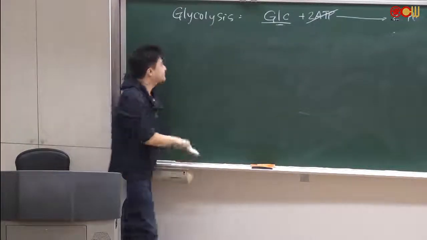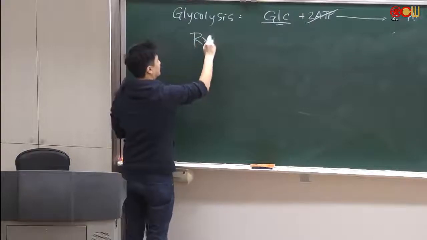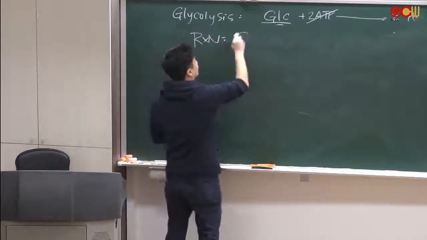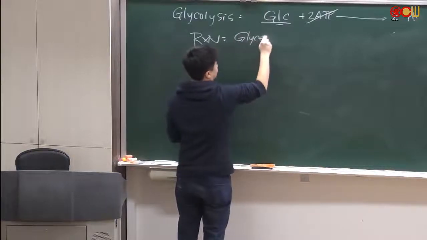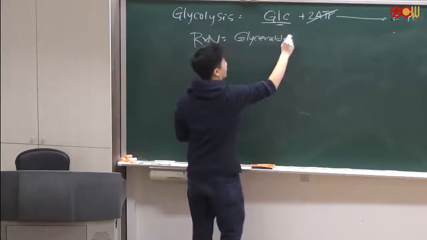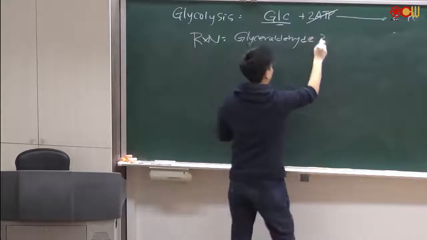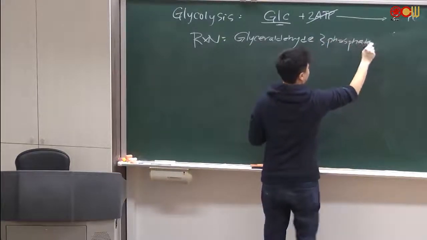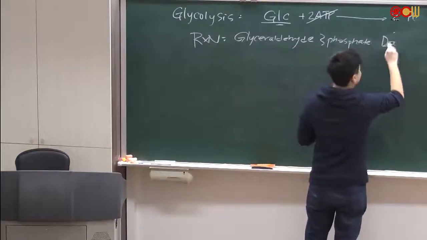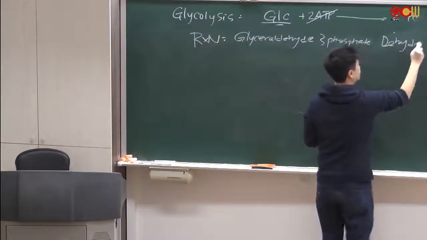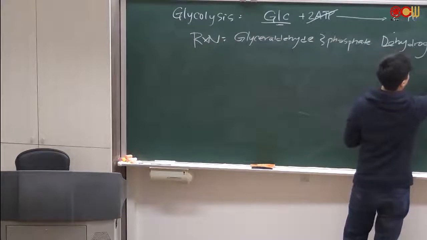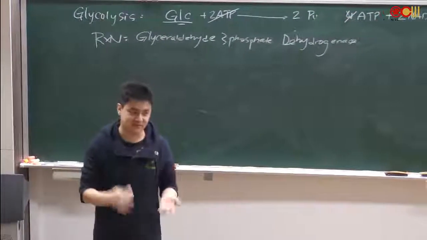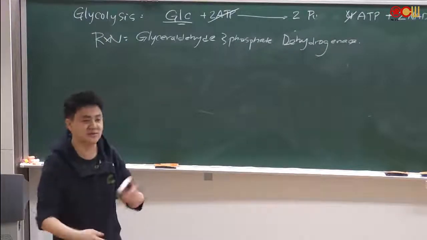The next reaction, reaction 6, is catalyzed by an enzyme called glyceraldehyde 3-phosphate dehydrogenase. You know that this one is a dehydrogenase, so it's an oxidoreductase, so it's going to do electron transfer.